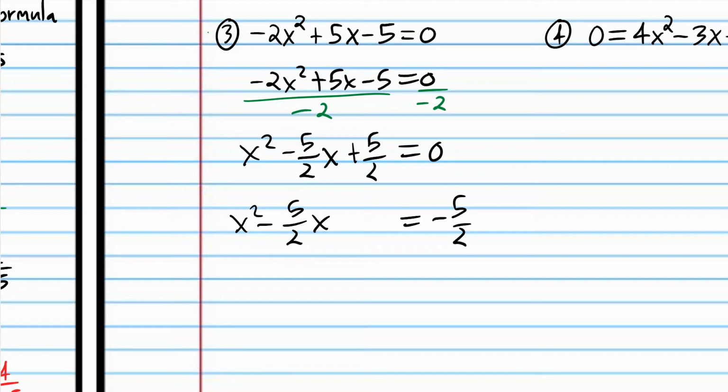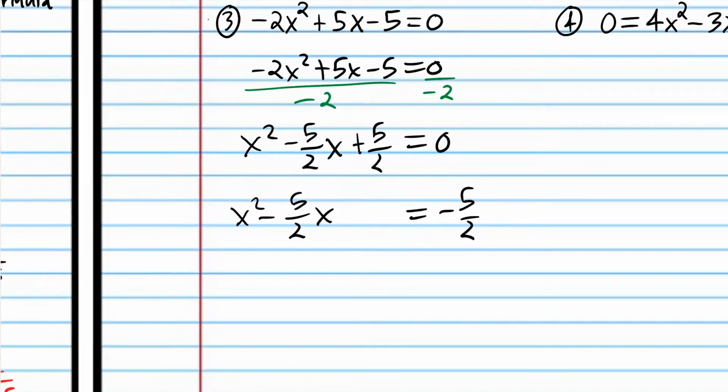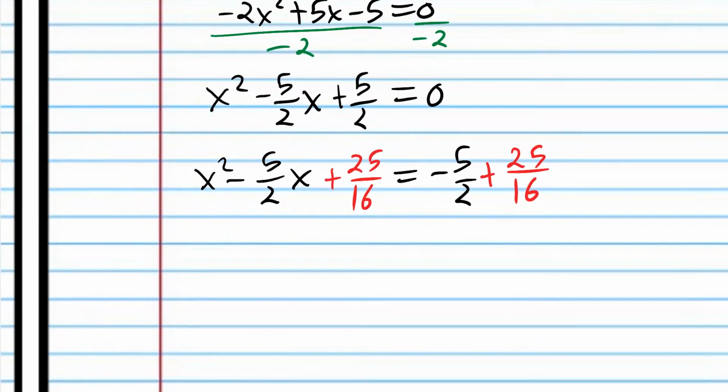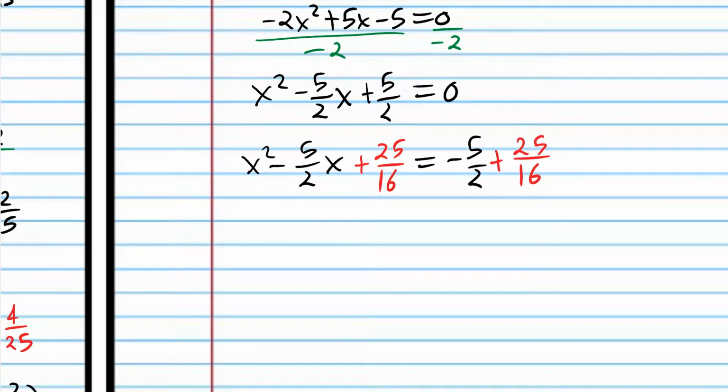Take this, divide by 2, and square it. If you do that, you get 25 over 16. And now we have a perfect square over here. And remember, this number is always the coefficient of x divided by 2. So that would be 5 over 4, if you did the arithmetic correctly on that.